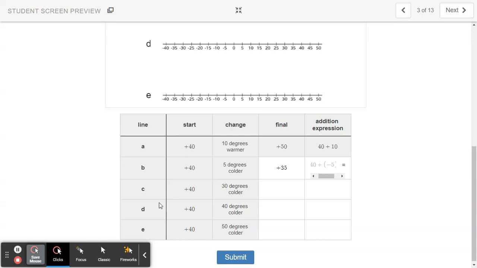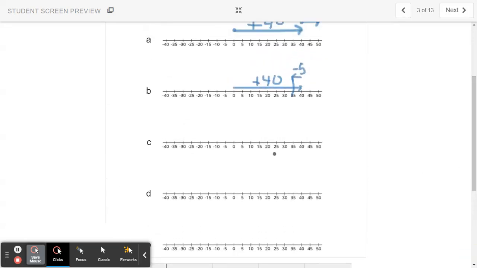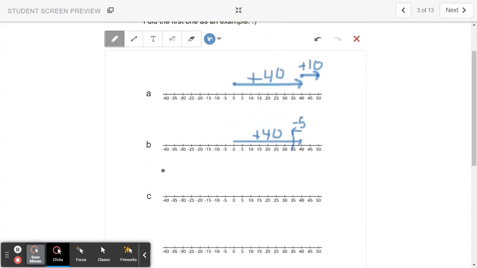I want you to pause and I want you to try these. At least try C on your own. Okay, so C says we're starting at positive 40 and it gets 30 degrees colder. So on the diagram, again, we're starting with a line that goes to 40, starts at 0, goes to 40.